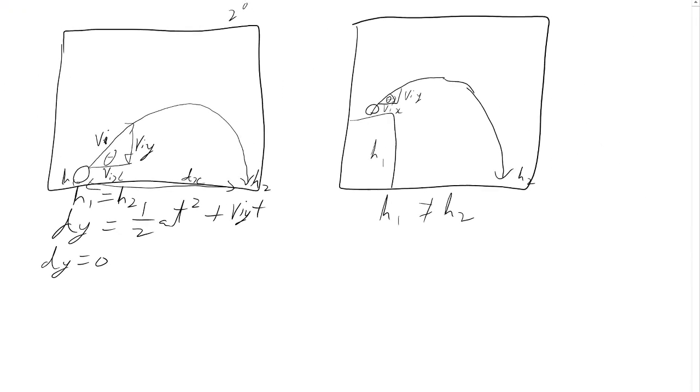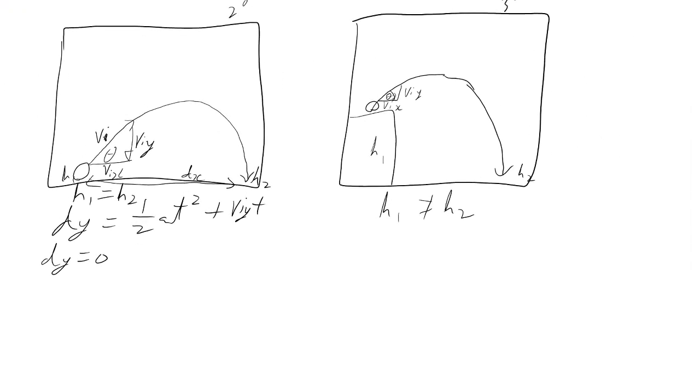And then third degree, there's a difference in heights, and also VIY exists, it's not 0. So this is the one where you have to use the quadratic formula.